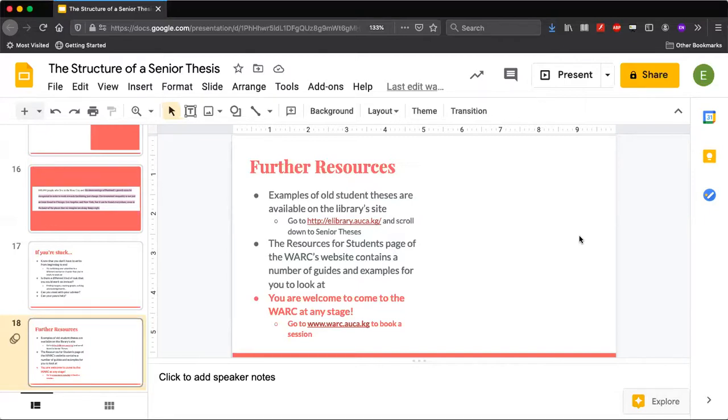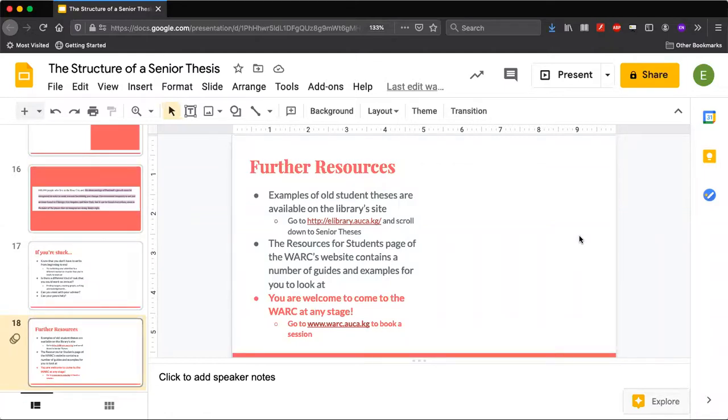And lastly, of course, I have to plug the WARC. You're welcome to come to the WARC for writing help or English help, if that's the problem you're having with your writing at any stage. Even if you haven't written a word of your essay or your thesis, although I'm sure all of you have written at least one word by now, you're welcome to come. They can help you plan the chapter.